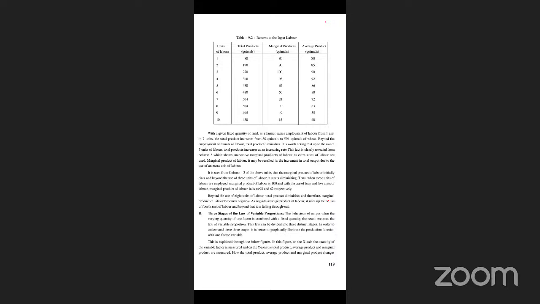When the labor is 1 unit, the total product is 80. And when the labor is 2, it is 170. So on and so forth, it is increasing up to 8. When the labor is 8, it is maximum, 504. And where it is maximum, the marginal product is 0, you can see.